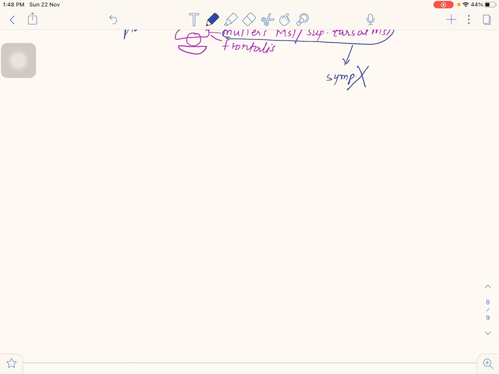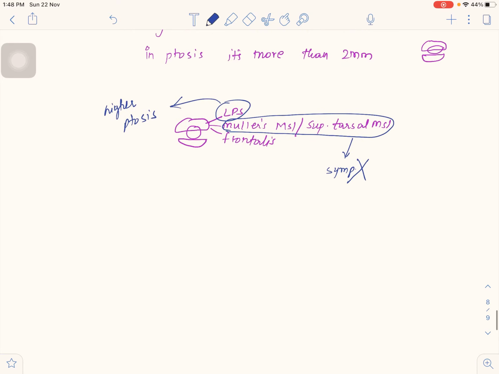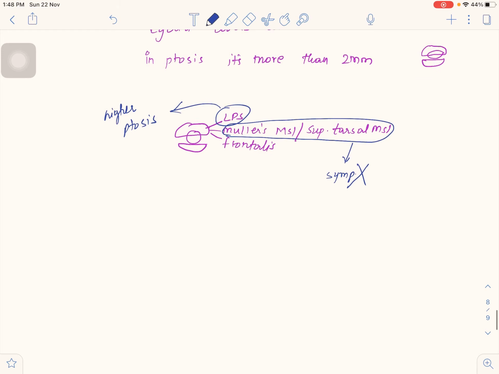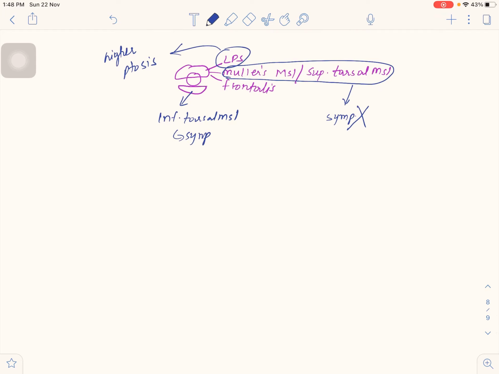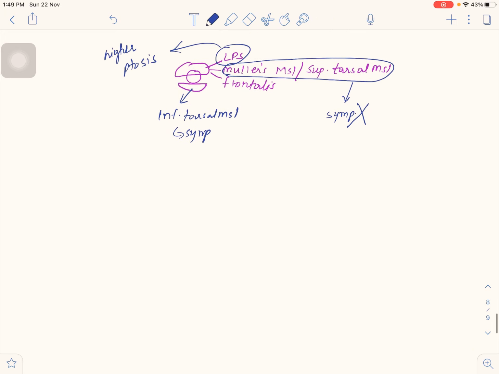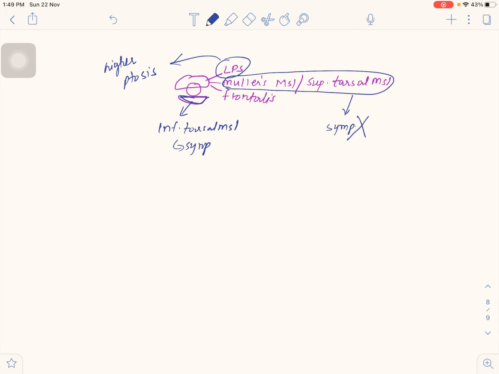So sympathetic paralysis has occurred. The inferior tarsal muscle supplies the lower eyelid. This is also supplied by the sympathetic system, so this also gets affected. As this gets paralyzed, the lower lid, which is normally down, comes up.